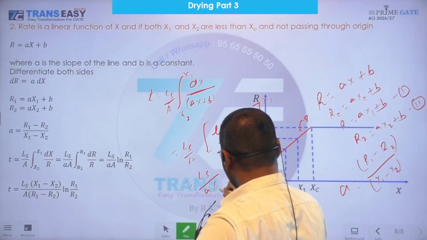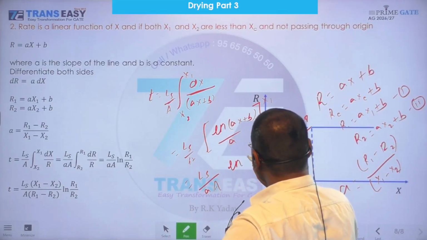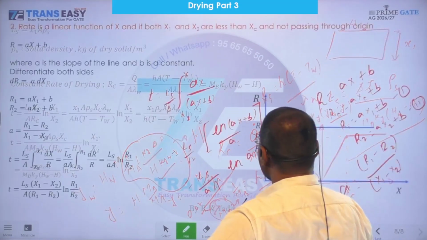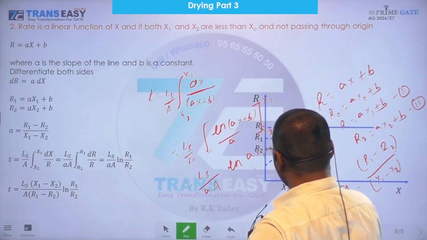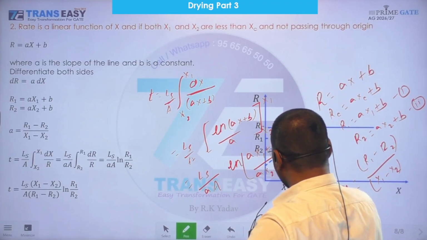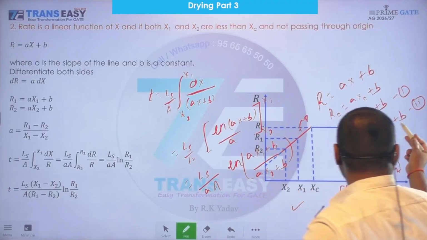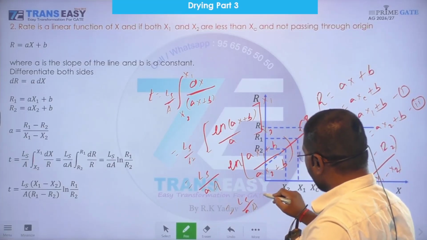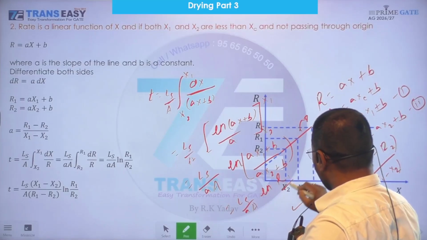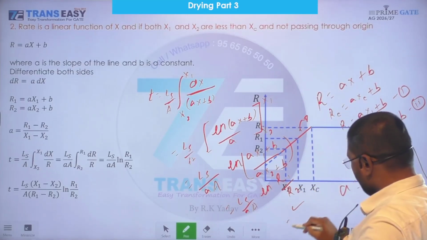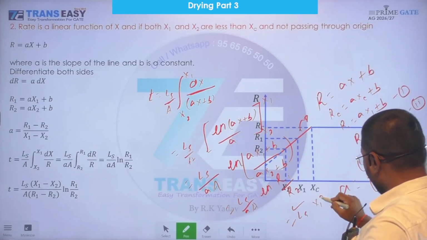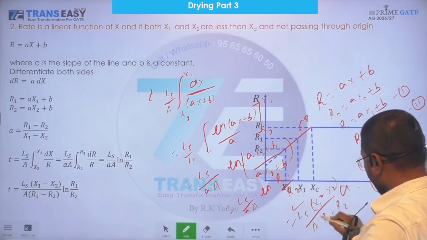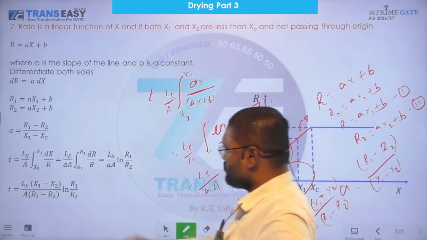Ls upon A a, ln of a x1 plus b, right, upon a x2 plus b, right. a x1 plus b is R1, a x2 plus b is R2. Ls upon A a, ln R1 upon R2. Here a is this. So Ls (x1 minus x2) upon A (R1 minus R2), into ln R1 upon R2, right.